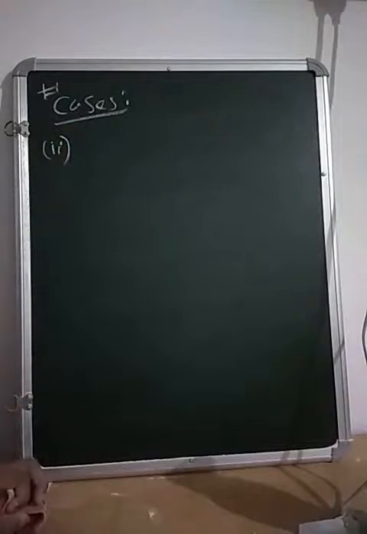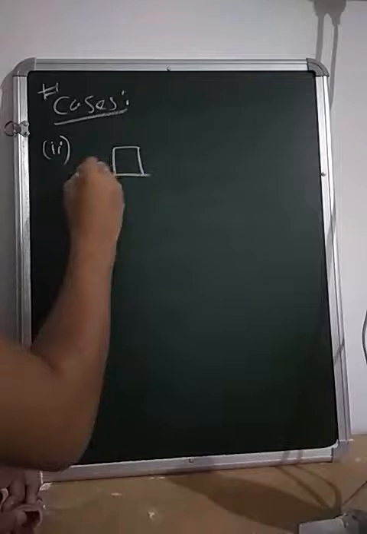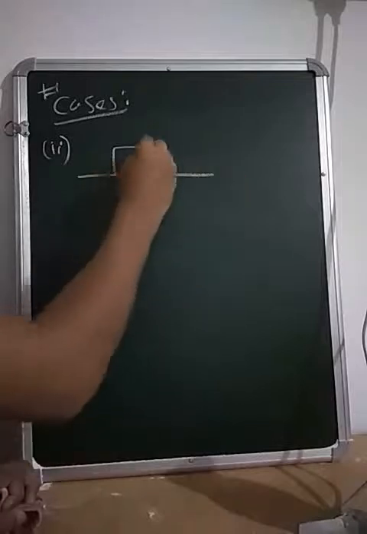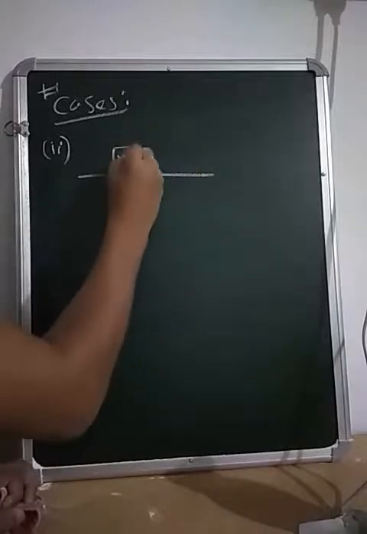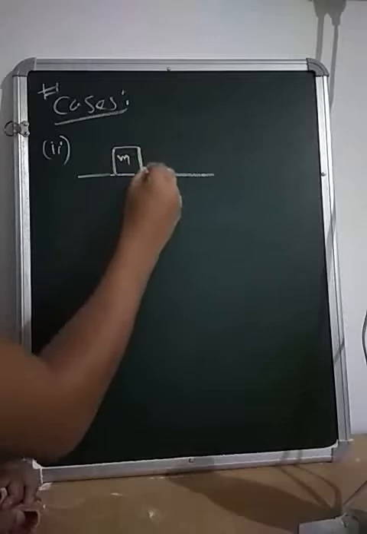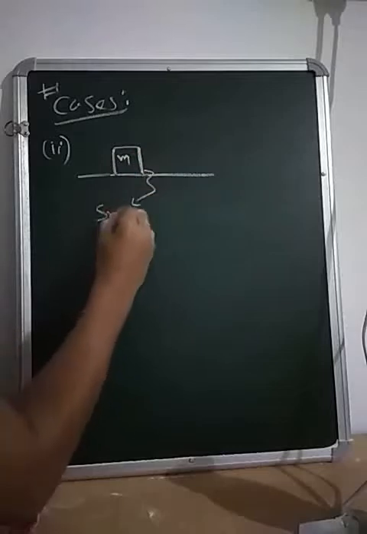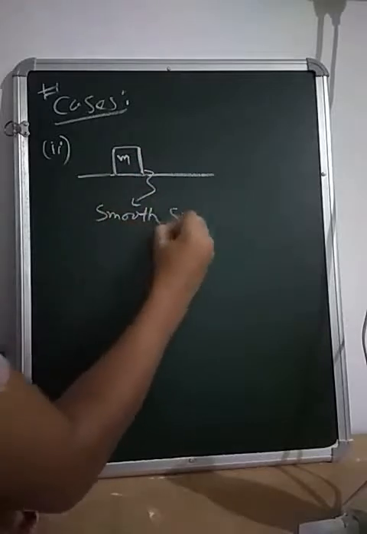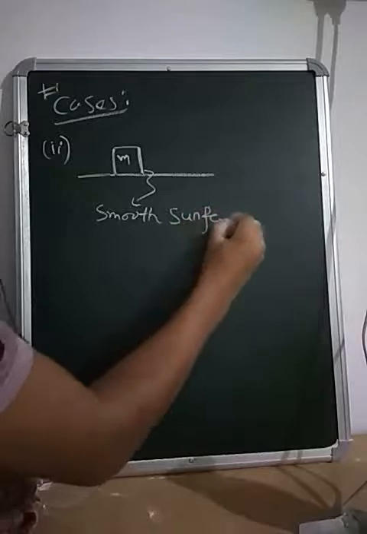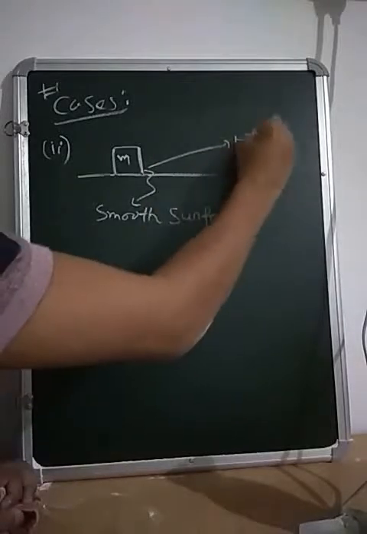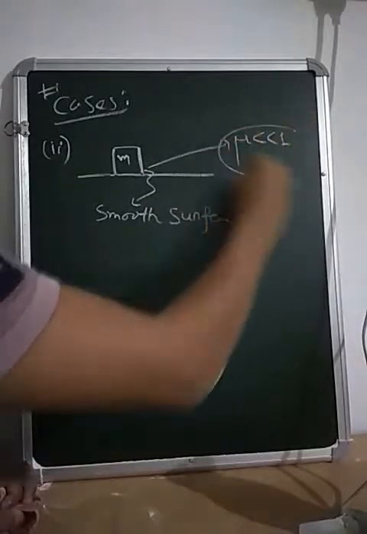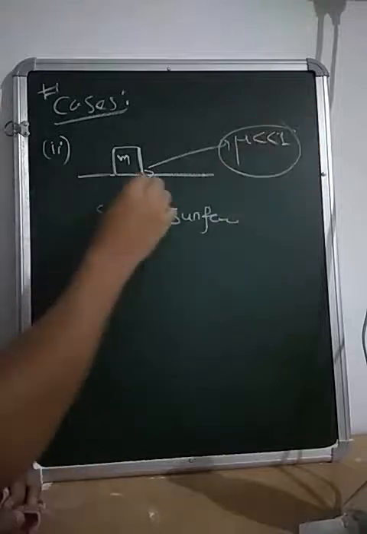Second case: suppose an object of mass m is placed on a smooth surface, where the coefficient of friction is very small.